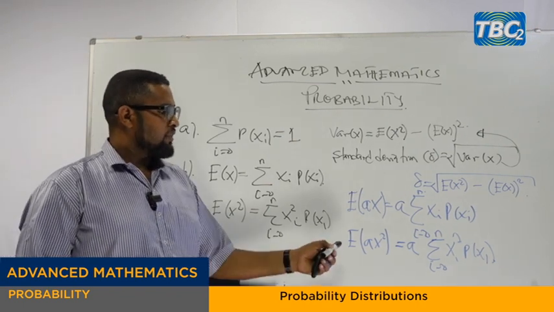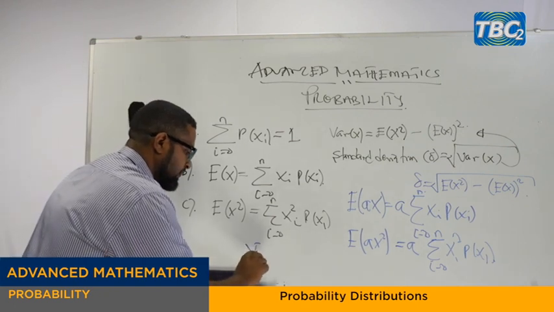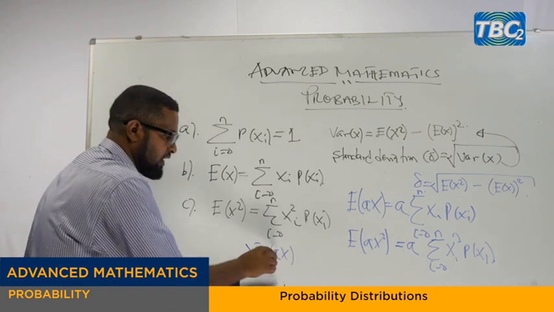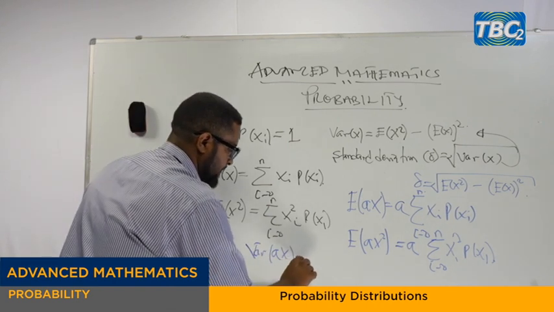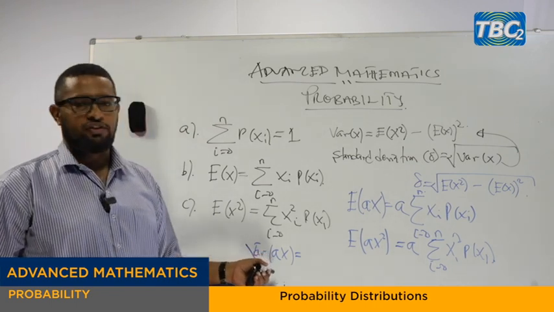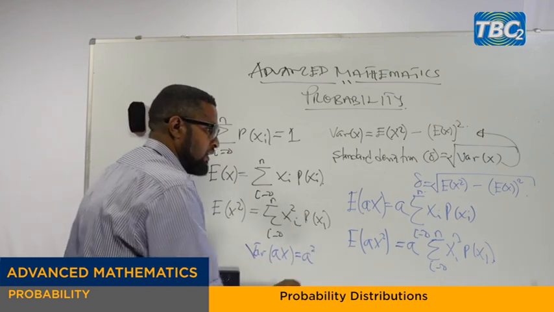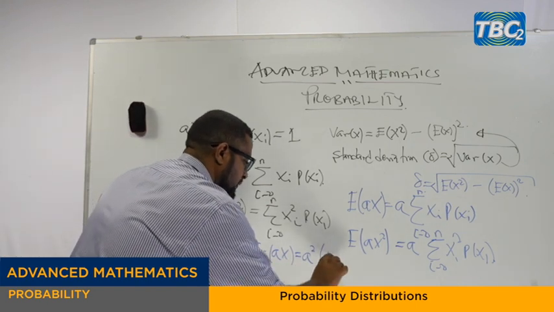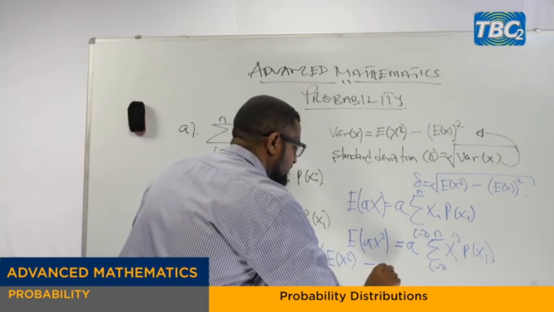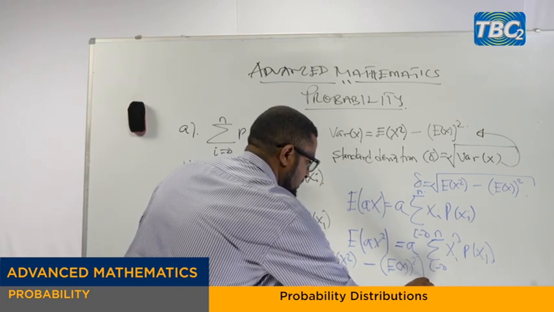Now, apart from that, you may also be asked to find the variance when given a constant, let's say a, and a variable x. The formula for variance when you are given a constant becomes a squared times the bracket of the expectation of the variable x squared minus the square of the mean of the variable x.